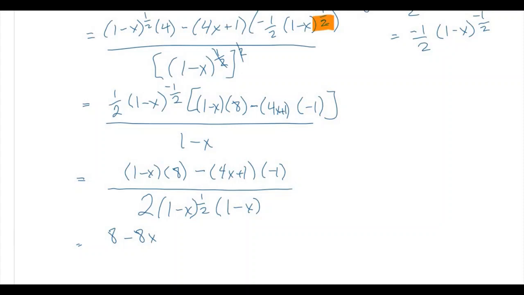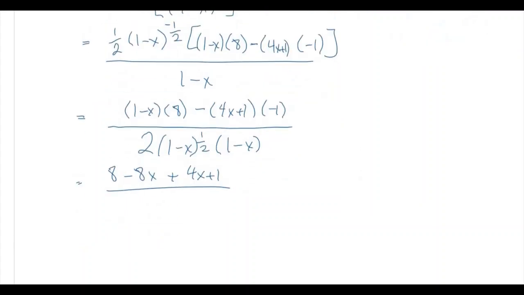Let's see, the minus and the negative 1 cancel, it becomes a plus 4x plus 1. In the denominator, we have 2, then we have 1 minus x to the power of 1/2 times 1 minus x. That's just your exponent rules at play. That becomes 1 minus x. 1/2 plus 1 becomes 3/2.